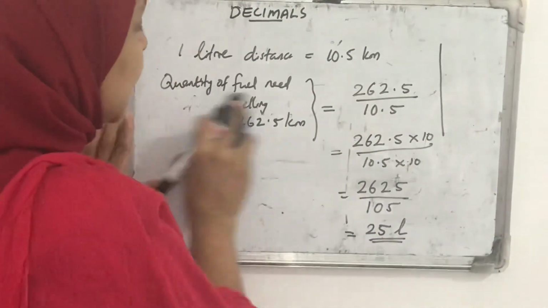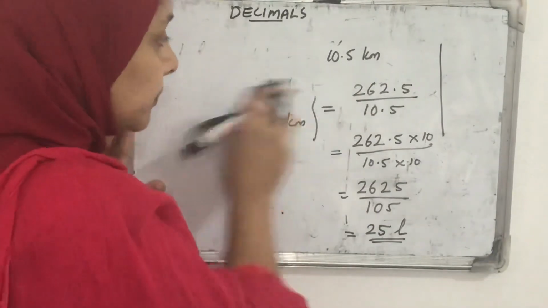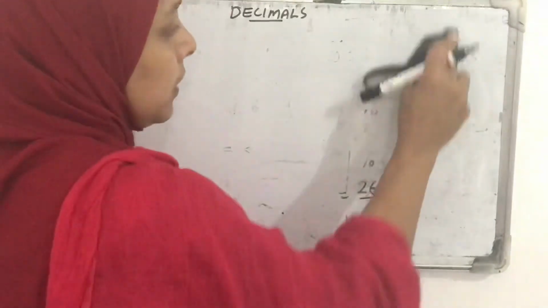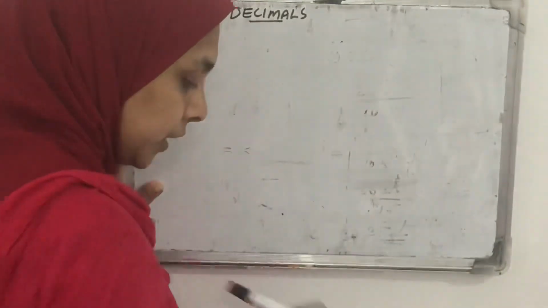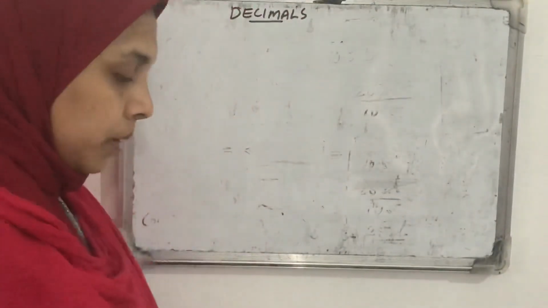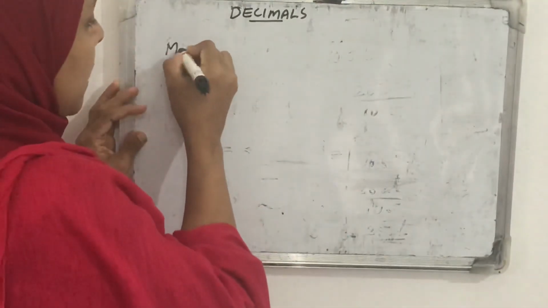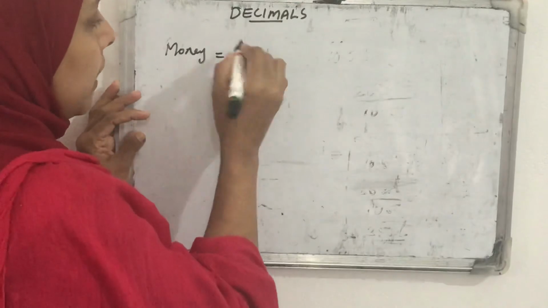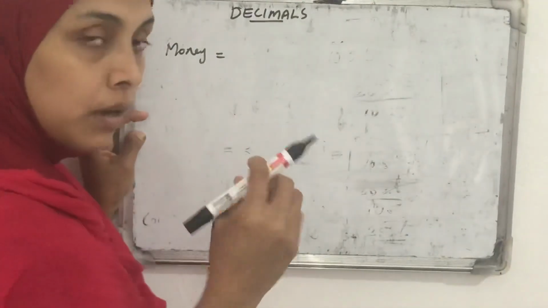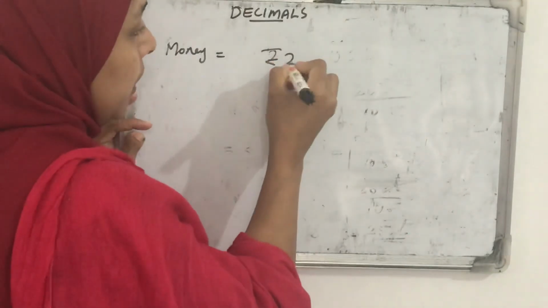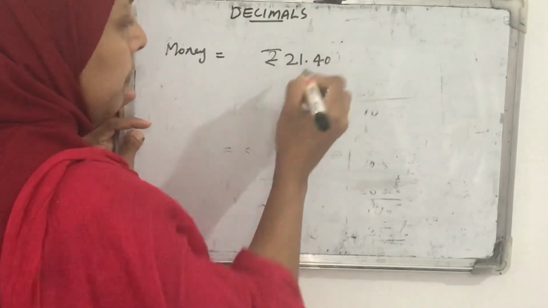So how can we start the steps? All of you try to write the steps. First we can write the money got by selling 1 liter of milk. How much is that? It is given as 21 rupees and 40 paise.